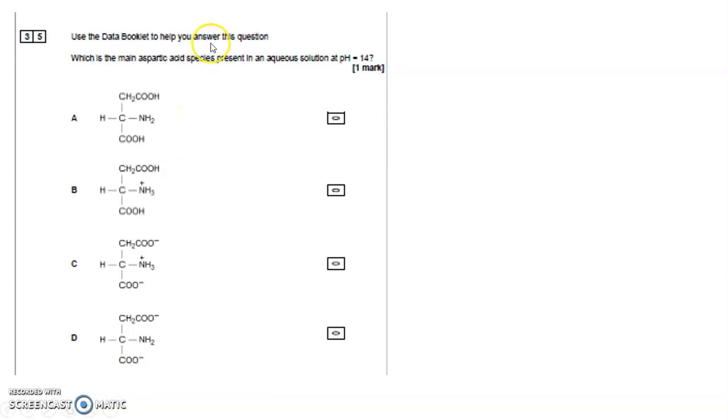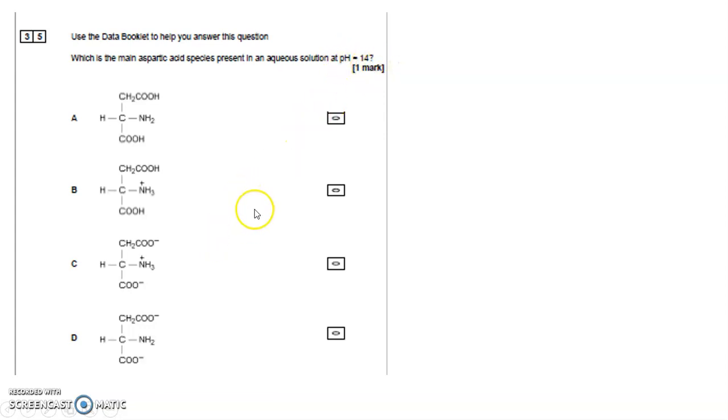Use the data booklet to help you answer this question. Which is the main aspartic acid species present in the aqueous solution of pH 14? That's basic or alkali. Alkalis or bases like sodium hydroxide remove H pluses. H pluses, remember, is acid, so the base at pH 14 will react with acids and remove H pluses.